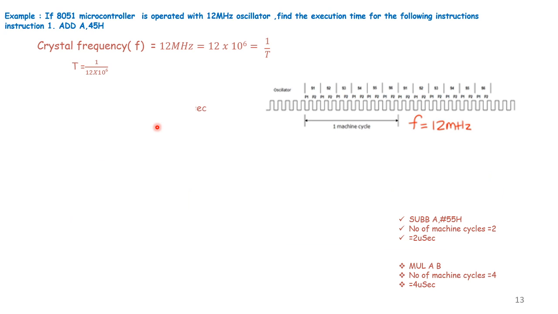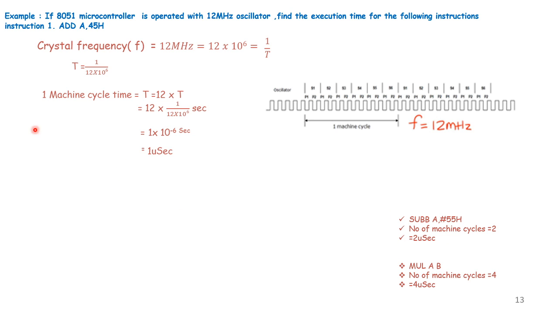Now how to find the clock? If an 8051 microcontroller is operated at 12 MHz oscillator frequency, find the execution period for the following instructions: ADD A, 45H; SUBB A, #55H; and MUL AB.